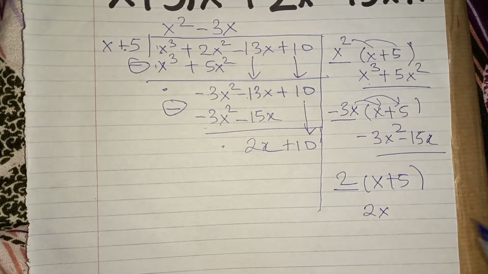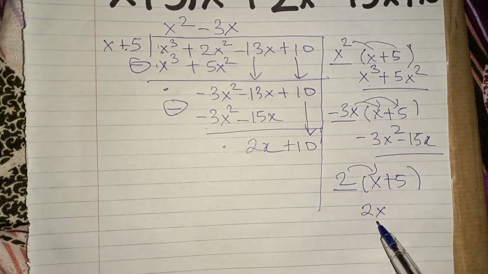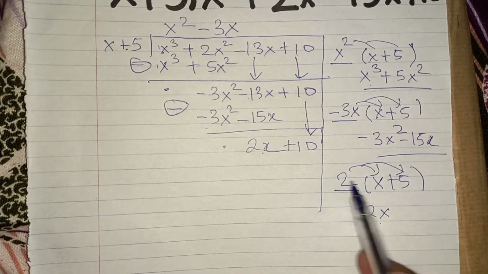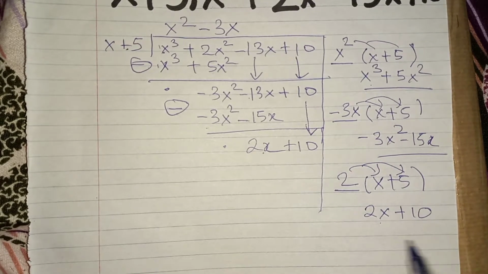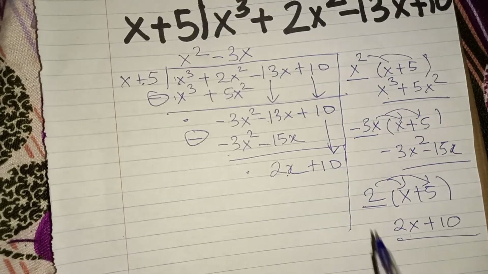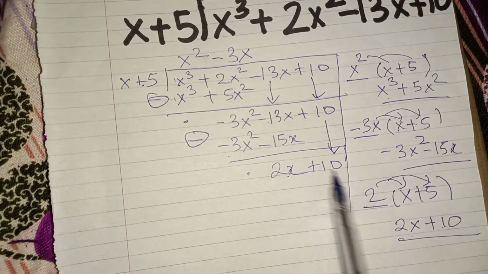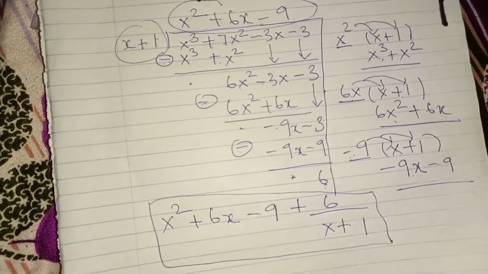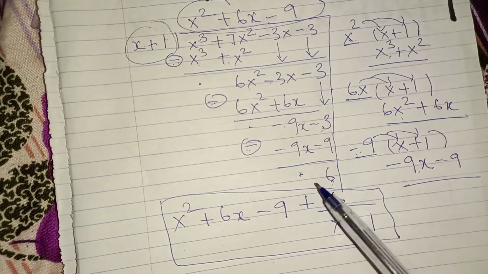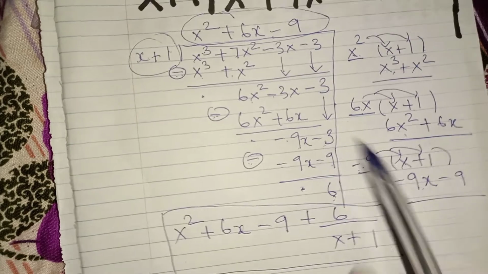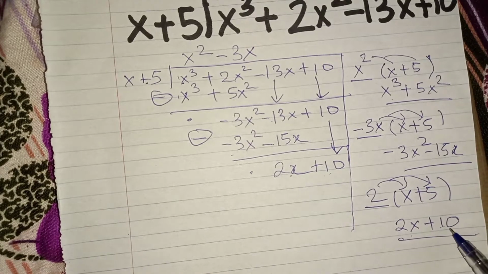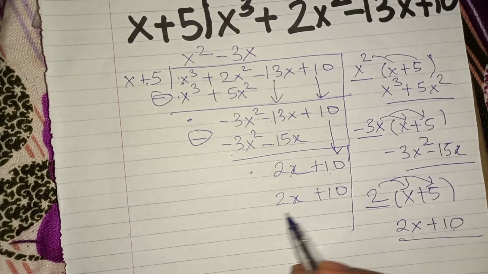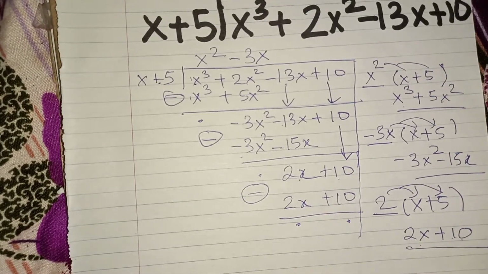So 2 multiplies with x gives me 2x, which can be put here again, and 2 multiplies with 5 gives me 10. This time we have the exact numbers, unlike example 1, where we had negative 3 here and negative 9, but here we have exactly 10 with this one. So we have 2x plus 10, and when you subtract this you get nothing.